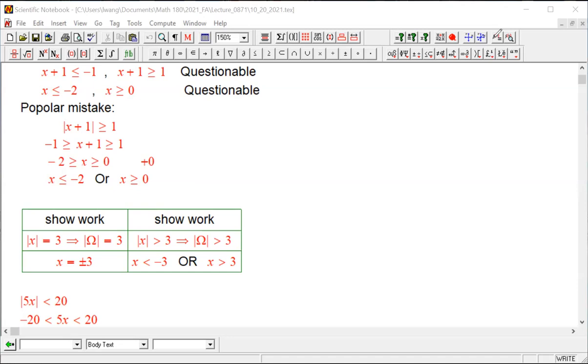Just because it's popular doesn't make it right. It's never right. So this kind of work, if you ever show it to anybody, it should be 0. Now, let's look at some other exercises.